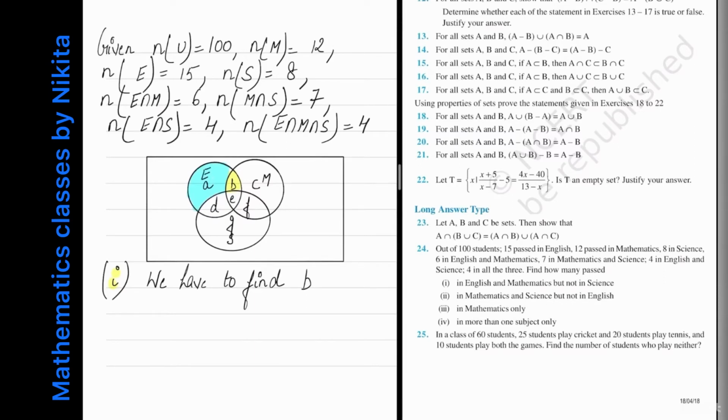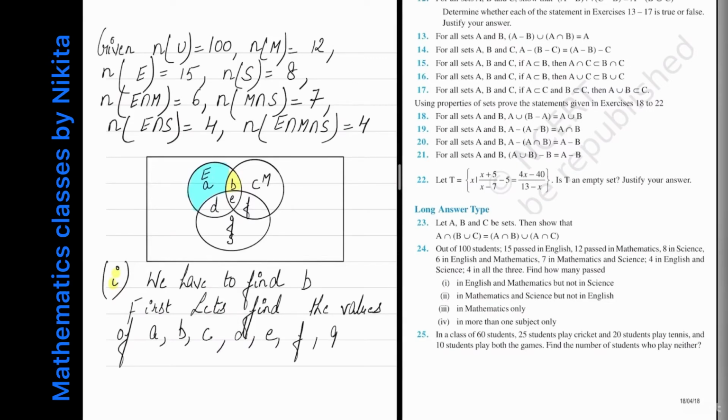ठीक है. Now how to find small b first of all? Now see, first of all let's find all the values A, B, C, D, E, F and G. Now what is E?